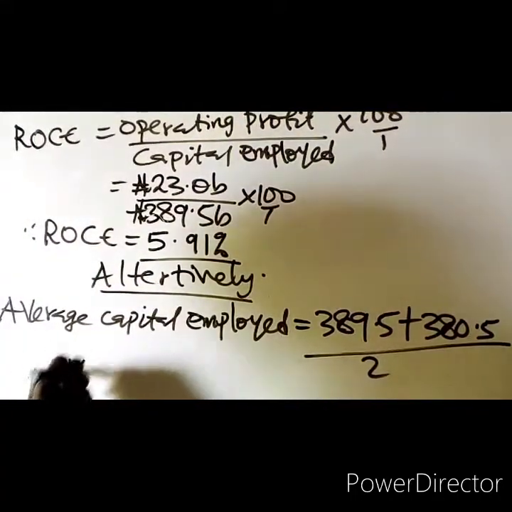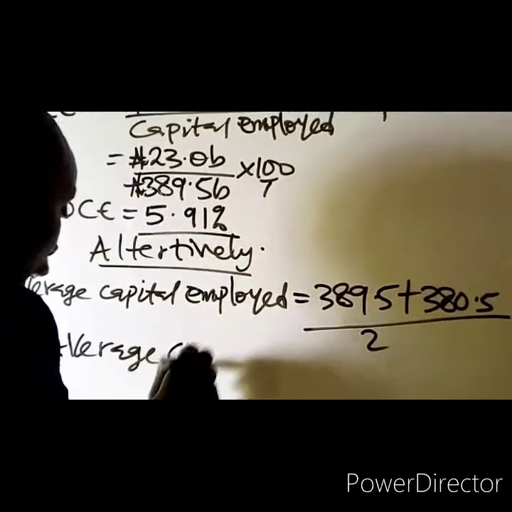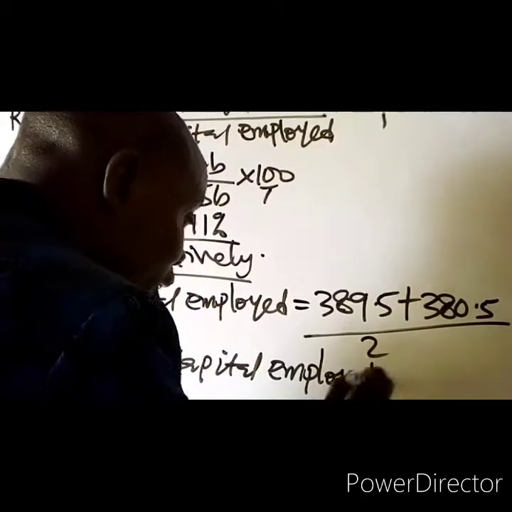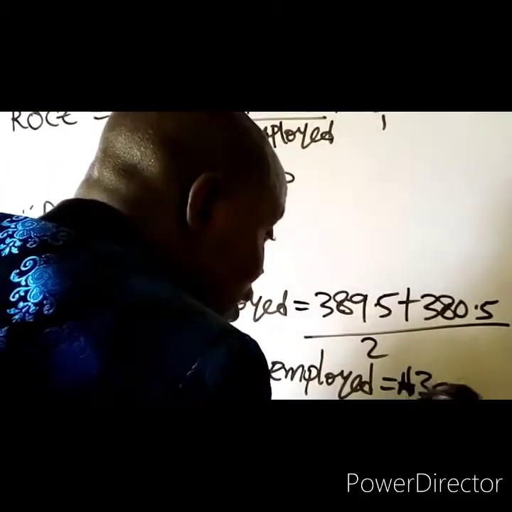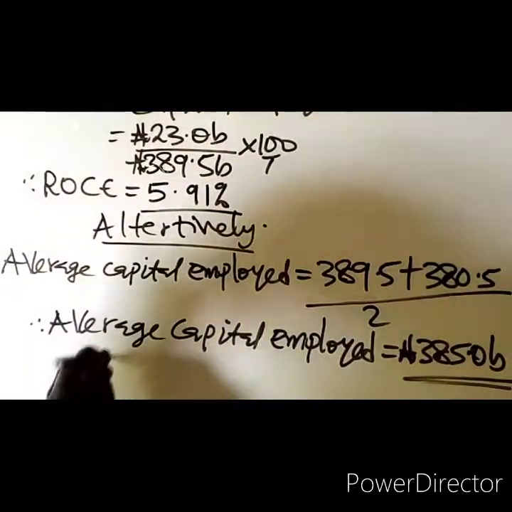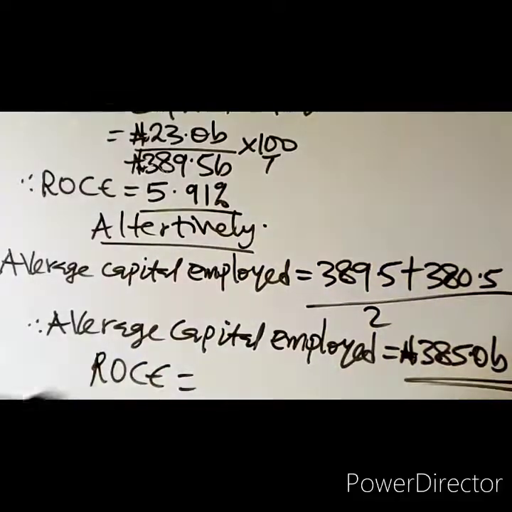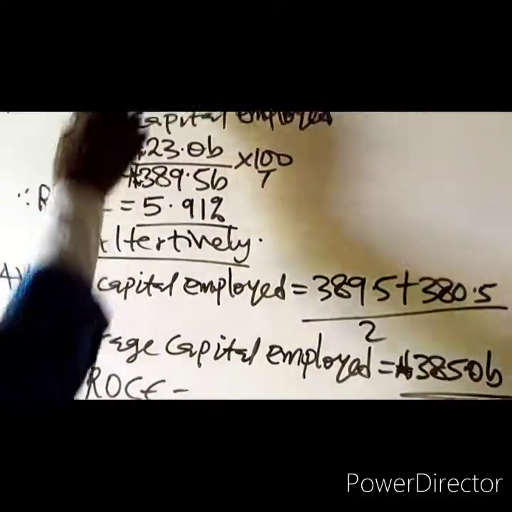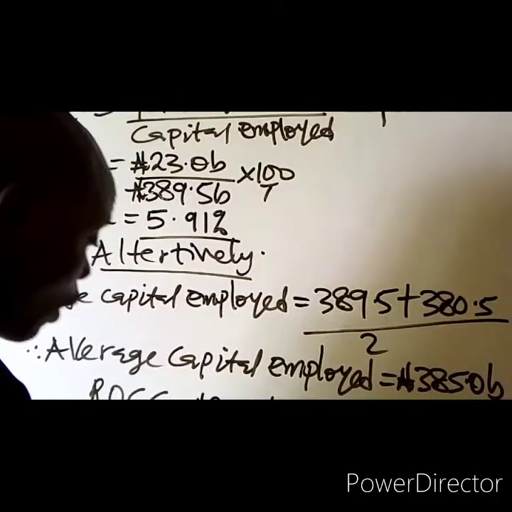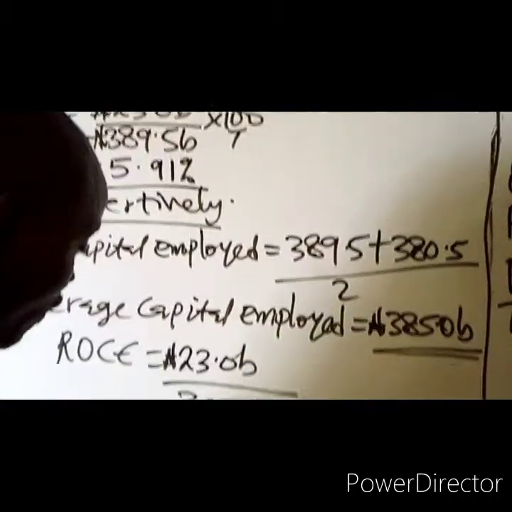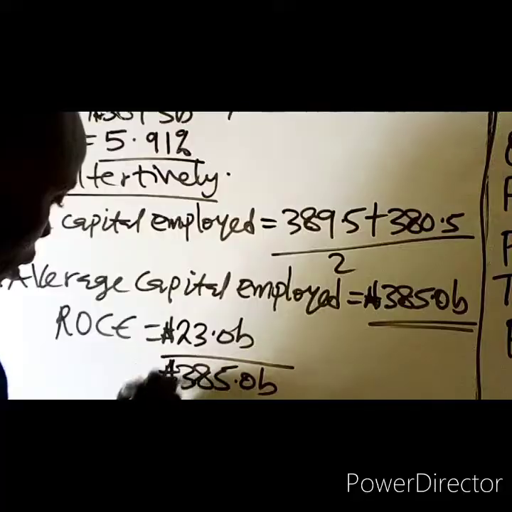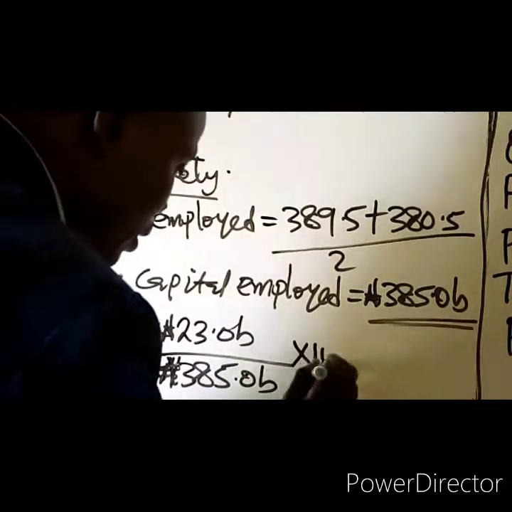Therefore, the average capital employed will be 385.0 billion. So the ROCE computed on the basis of the average capital employed will be the operating profit for 2018, which is 23.0 billion naira, over the average capital employed of 385.0 billion, times 100.